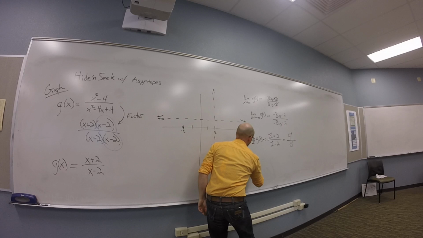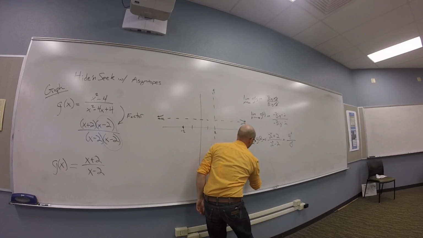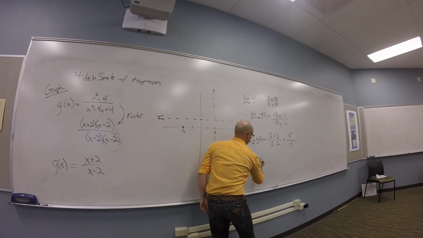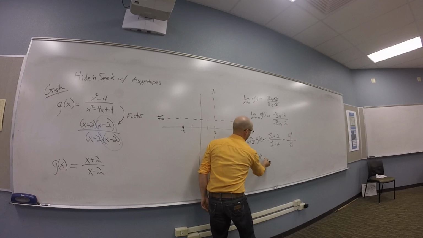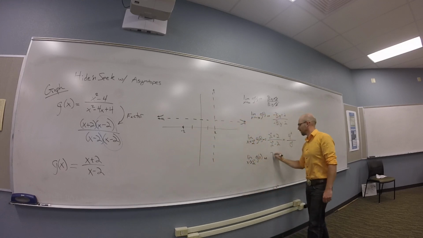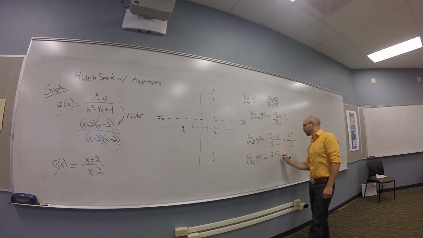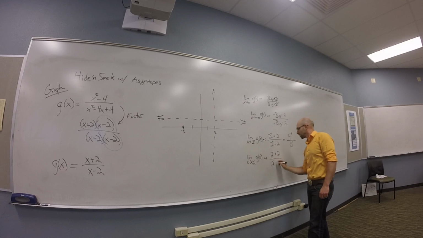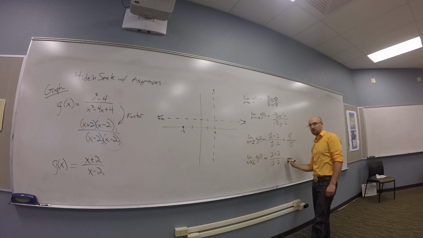If I take the limit x tending to 2 from the negative side of g of x, I should be thinking a number a little bit smaller than 2 plus 2 over a number a little smaller than 2 minus 2.